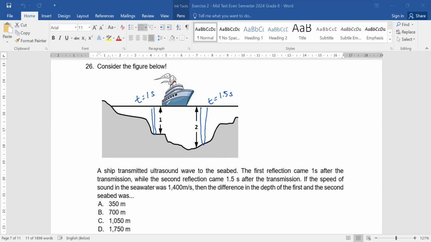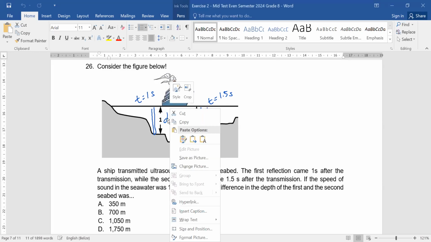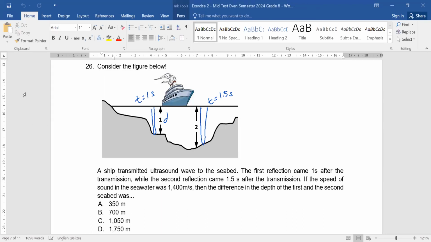If we call the distance from the ship to the seabed D1, then the 1 second given is actually the time to travel 2D1, right? And the time here is to travel 2D2, if this is D2. I will call this T2 and this T1.